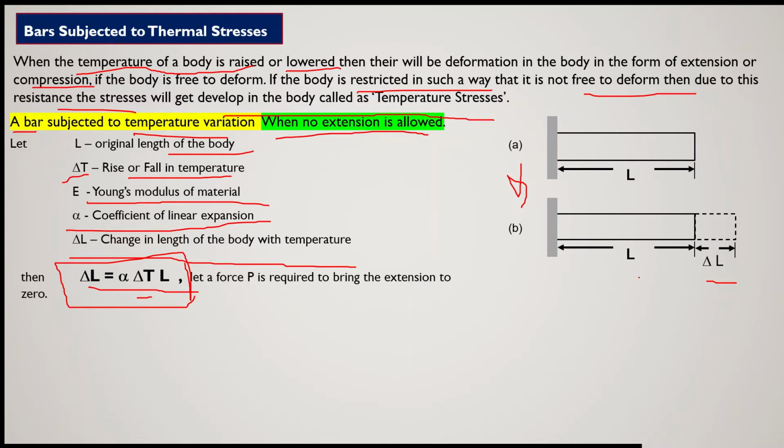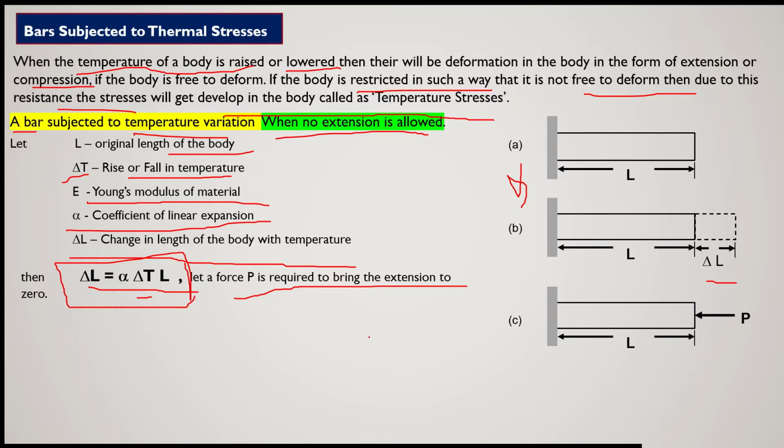Now, consider if we apply a force P inward. You can see in figure C that the P force is applied inside. So delta L will become 0.